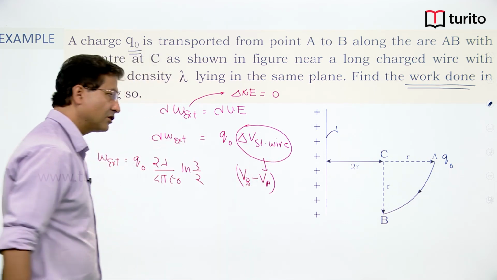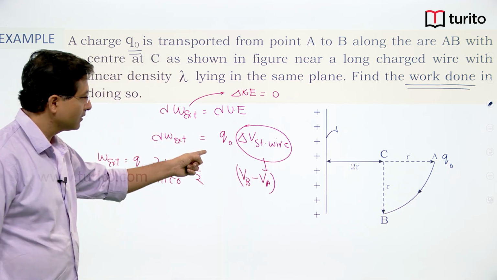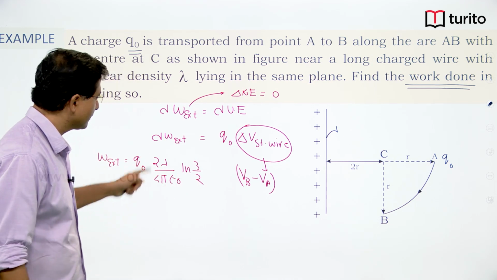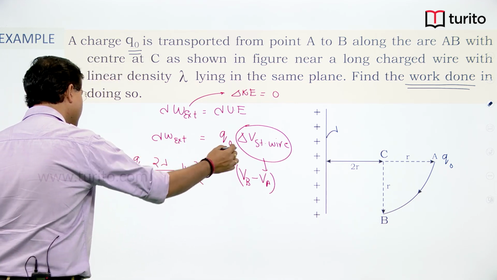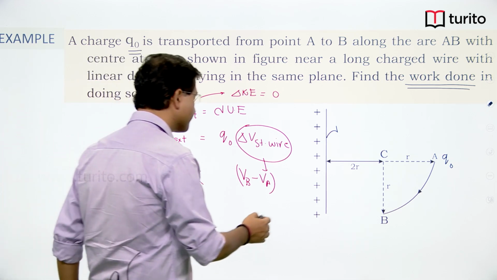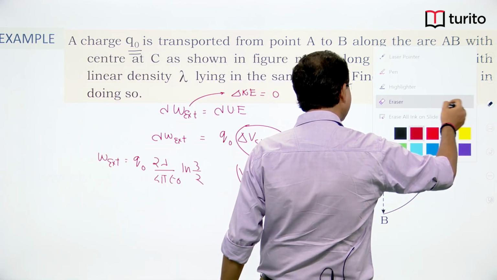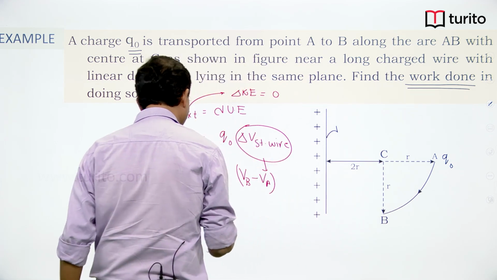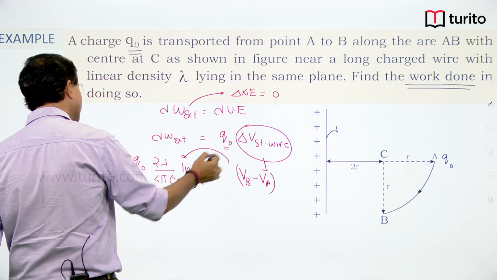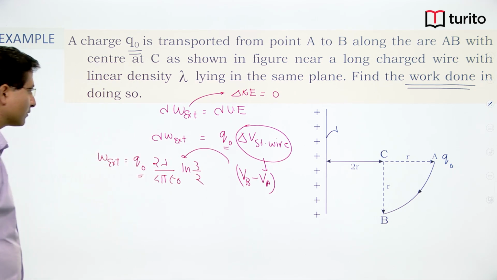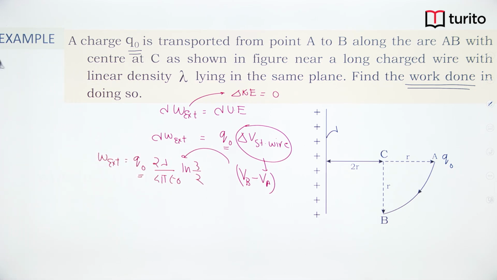Final minus initial, change in potential, final minus initial. So, substitute the potential difference here, multiplied by q naught, and you will get the work done by the external agent.